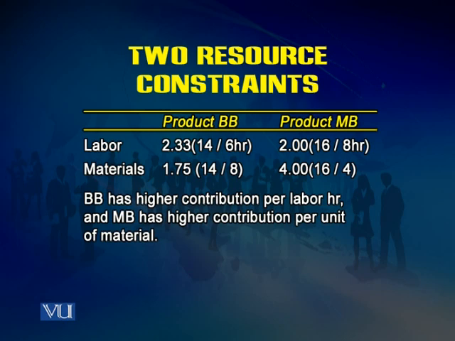So when we look at the two products, BB and MB, we find that BB has a higher contribution per labor hour, 2.33 against 2. And when we look at the contribution per unit of material, MB has the higher contribution of 4 compared to the 1.75 for BB.